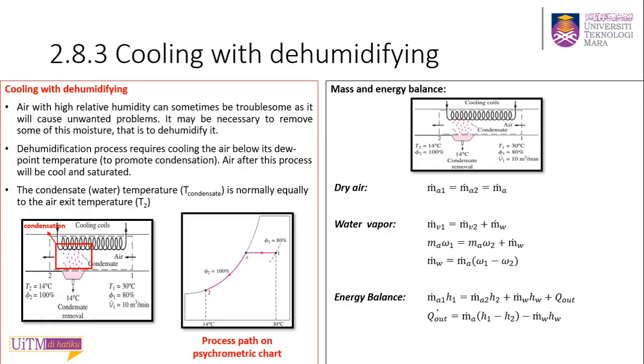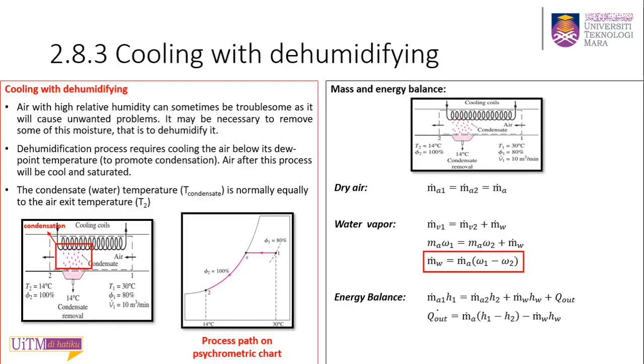For mass and energy balance equation, mass flow rate for dry air will remain constant. For water vapor, since moisture is removed from the air, the water vapor mass balance is as follows. Rearranging this equation allows us to calculate the mass flow rate for water vapor leaving the air.